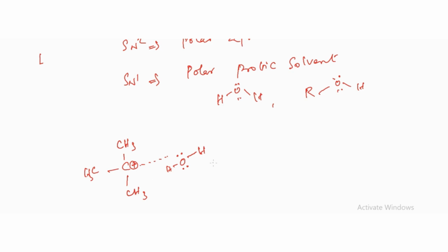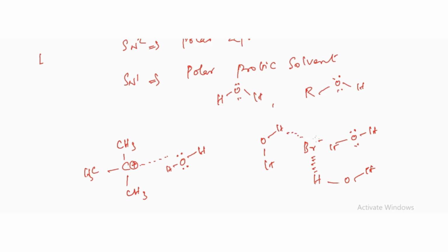And another reason is the counter ion, for example the halide. Suppose it is a bromide ion, so in the first step it forms a halide ion and the carbocation. This halide ion may be easily solvated like this.